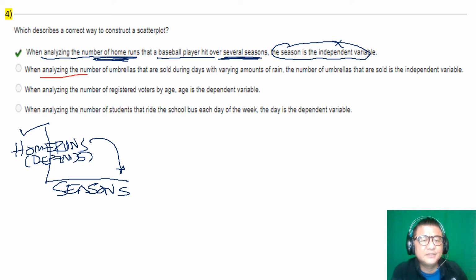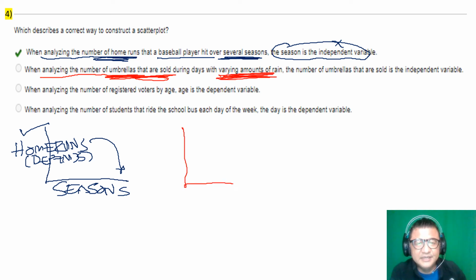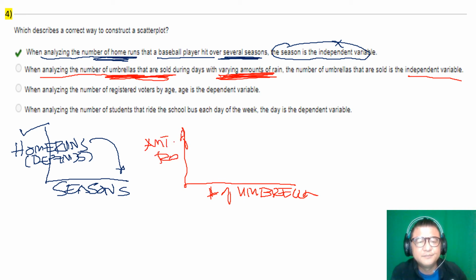When analyzing the number of umbrellas sold with the varying amounts of rain, okay, let's make a graph on that. Amount of rain and the umbrella. If the number of umbrellas sold is the independent, this is the number of umbrellas, and this is the amount of rain.